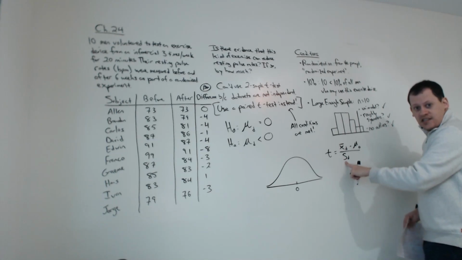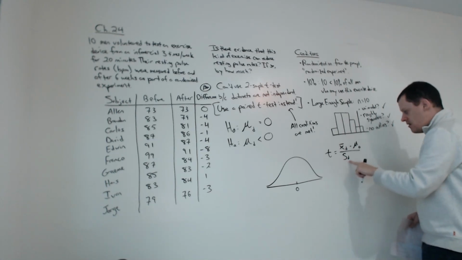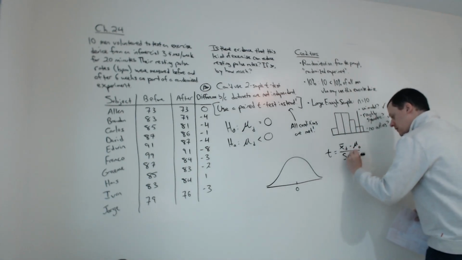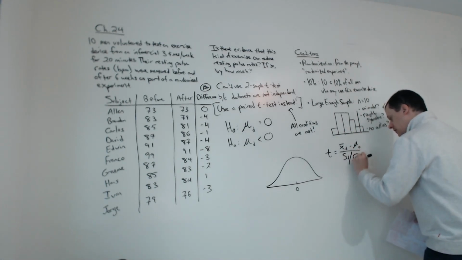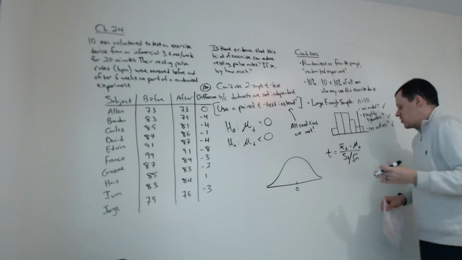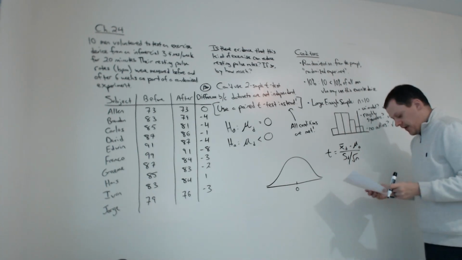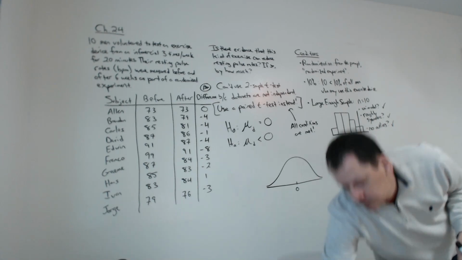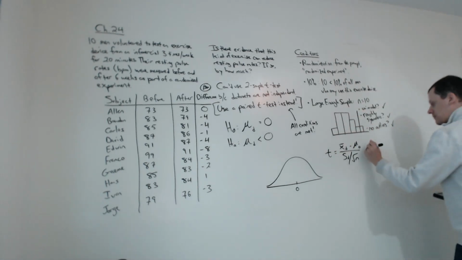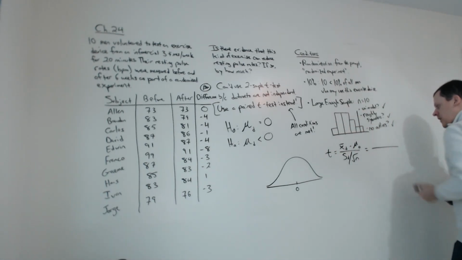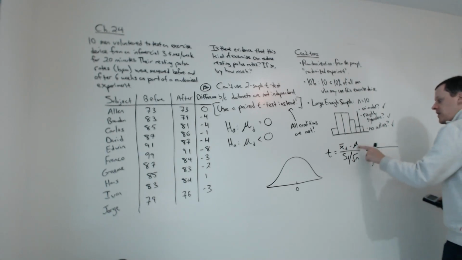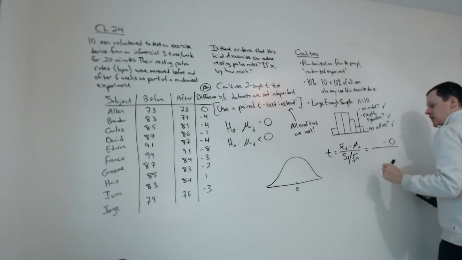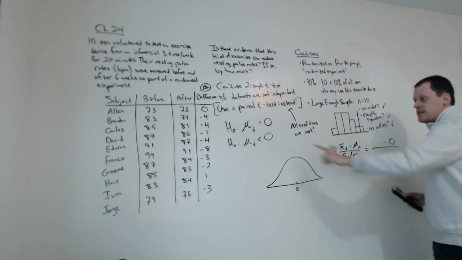This is going to be the standard deviation of the differences of this data set over the square root of n, just like last time, just like our t-scores in the past. So we know some of these things already. We know that this number is 0, and we know that the sample size is 10.